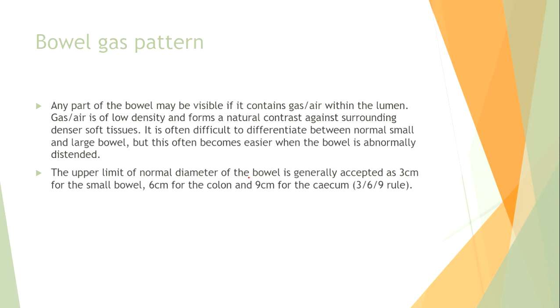The upper limit of normal diameter of the bowel is generally accepted as 3 cm for the small bowel, 6 cm for the colon, and 9 cm for the cecum. This is the 3-6-9 rule.